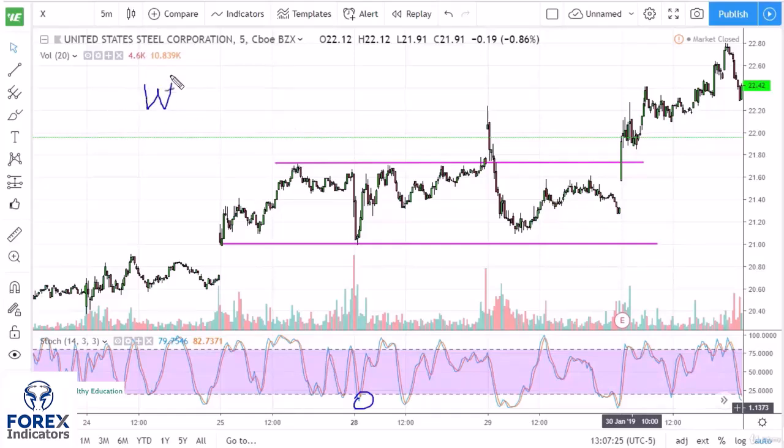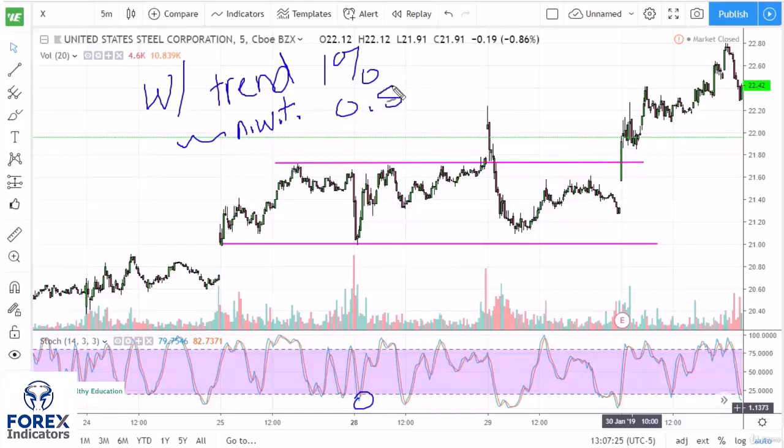So I take the stochastic oscillator, I use that as a signal on with trend trades. I risk a whole unit. So whatever that is, let's just say I risk 1% of my account. Not with trend. I'll just put not with or NWT here. I'll risk 0.5%. So what happens?